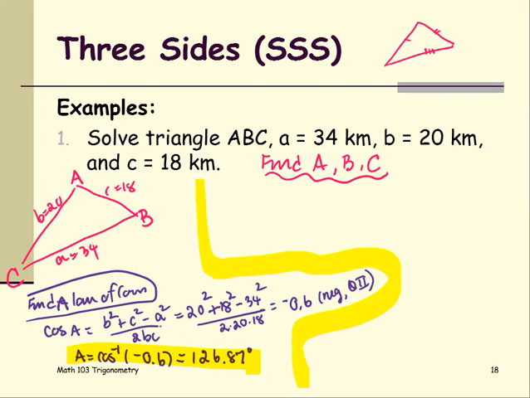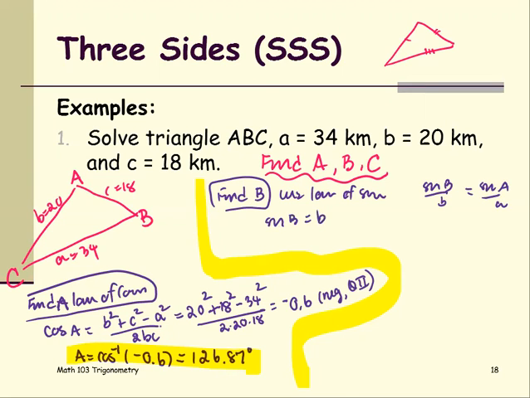So next, we're going to find angle B. This time, we use the law of sines: sine B over b equals sine A over a, so sine B equals b times sine A over a, which is 20 multiplied by sine of 126.87 degrees, all divided by 34.